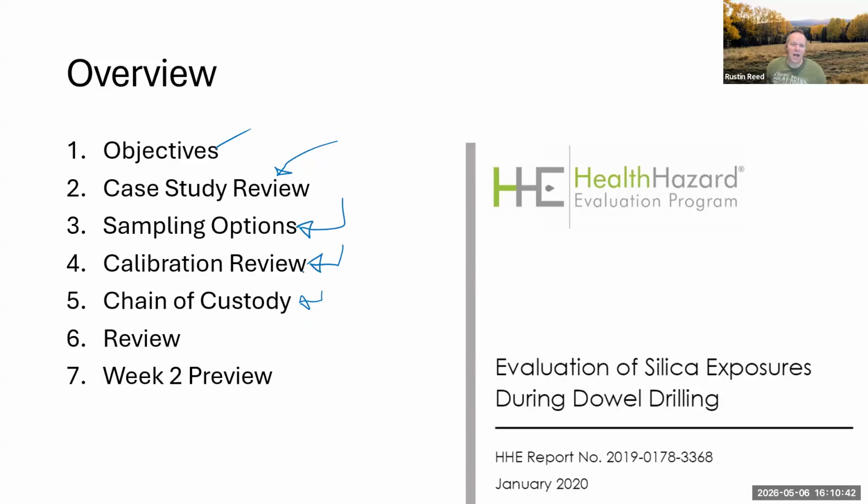We'll work on filling it out before, but I just want to point out the importance of calibration and what we're going to do with that information on the chain of custody.